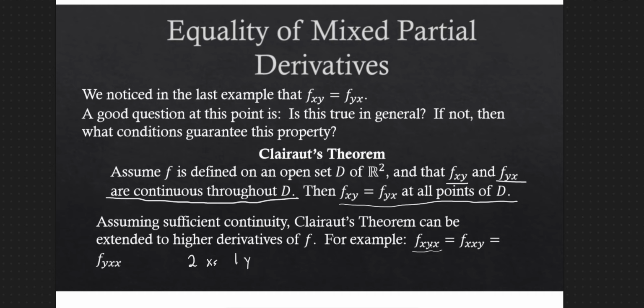Clairaut's theorem says that if each of these is continuous, then they are equal to each other. And that's the same if I have the same number of x's and the same number of y's. Those mixed partials will be equal to each other so long as each is continuous on the domain. So that's really what we need. We need continuity of those mixed partials, and then we're guaranteed they're equal.